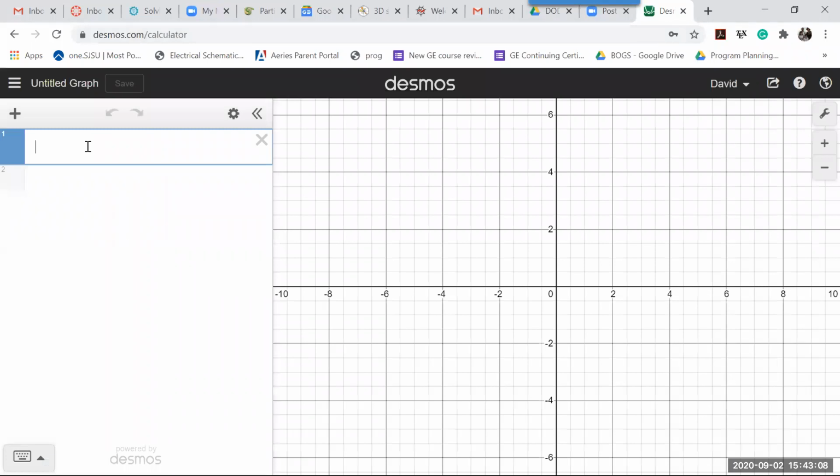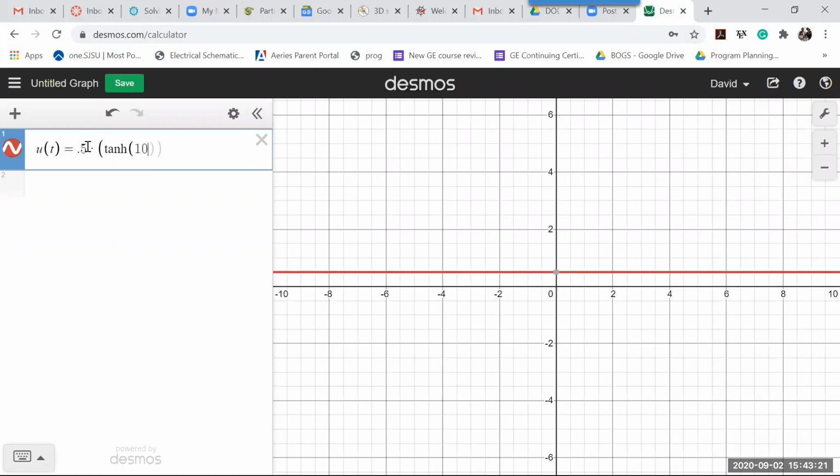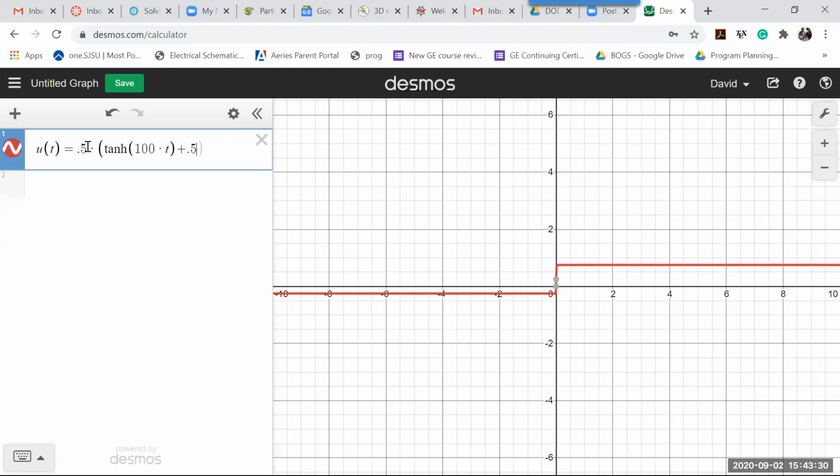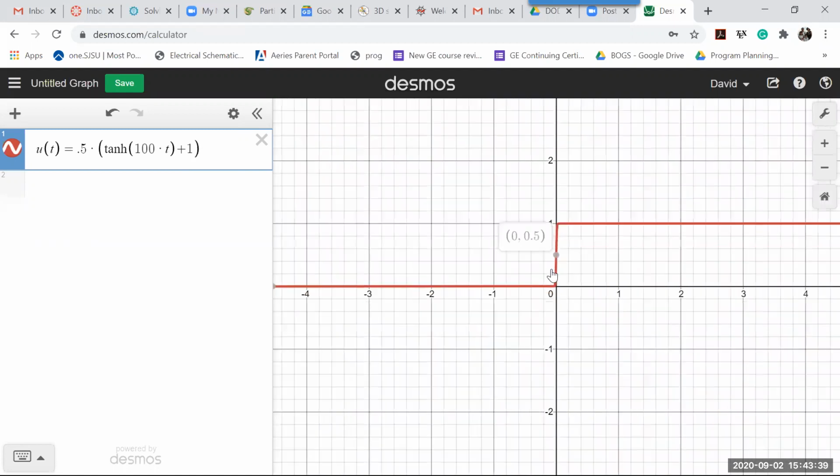All right, so I want to make a step function, and that is 0.5 times... So this is a quick and dirty step function.